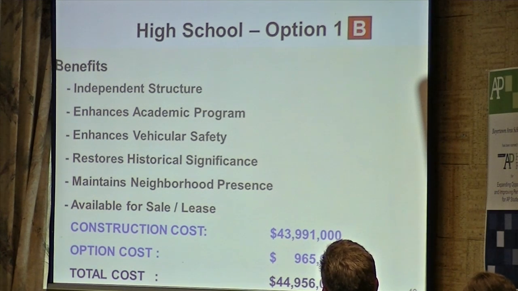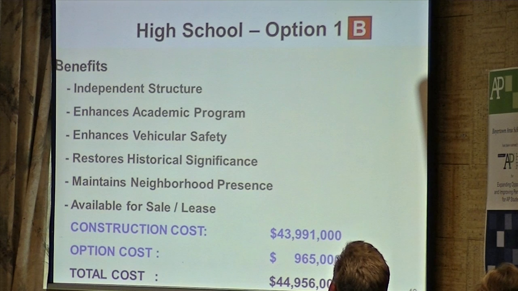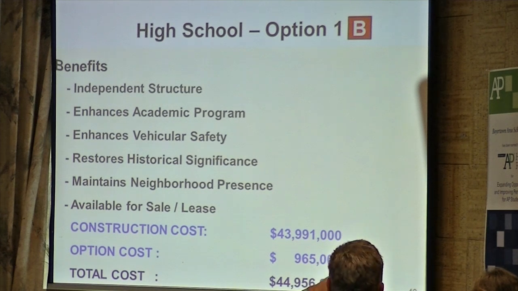1B, the benefit is when that building becomes an independent structure, it now stands alone. The design enhances the educational program. We still have that vehicular safety around the building. We feel it restores historical significance to the original structure. It maintains the neighborhood presence of that building along the street.